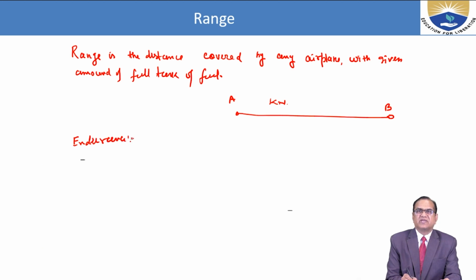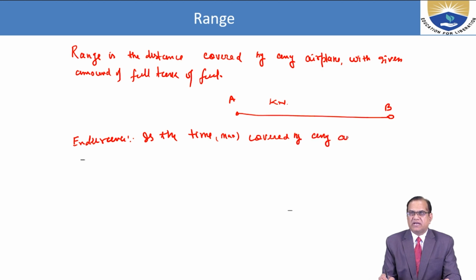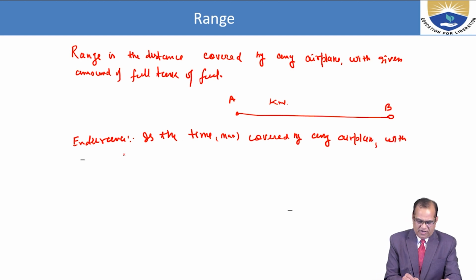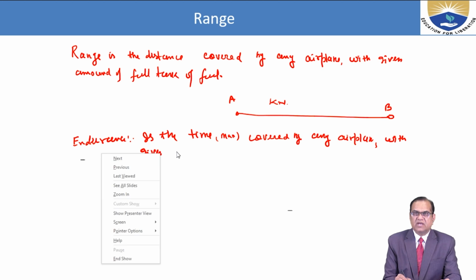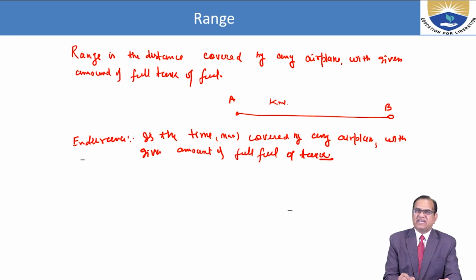Endurance is the time, or maximum time, covered by any airplane with a given amount of full fuel tank. So here it is a distance and here it is the time.